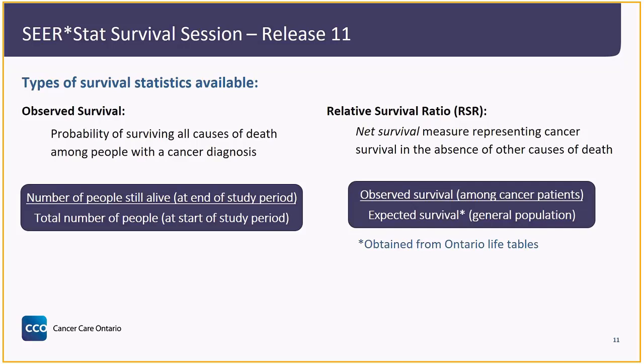The relative survival ratio accounts for other causes of death or background mortality by using Ontario life tables to determine the expected survival of comparable cancer-free people in the general population.